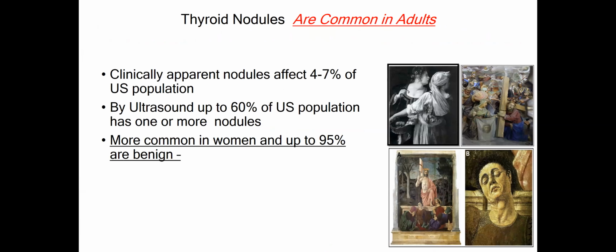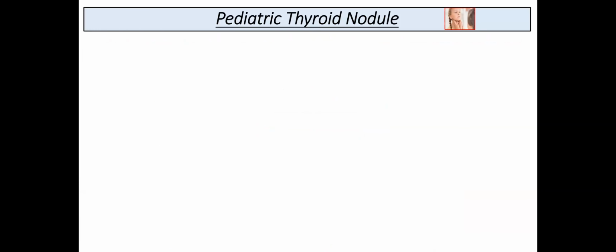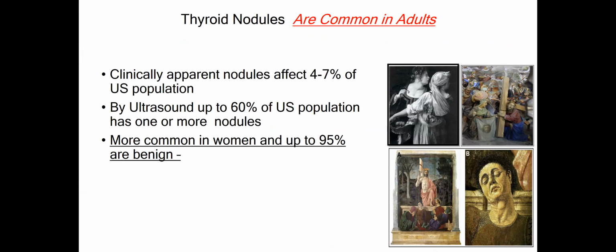What I do want to point out is that thyroid nodules commonly occur in areas which are iodine deficient, but we also see them in areas which are iodine sufficient. In the US population, where there is a lot of iodine in the diet, up to 4 to 7% can have palpable thyroid nodules.